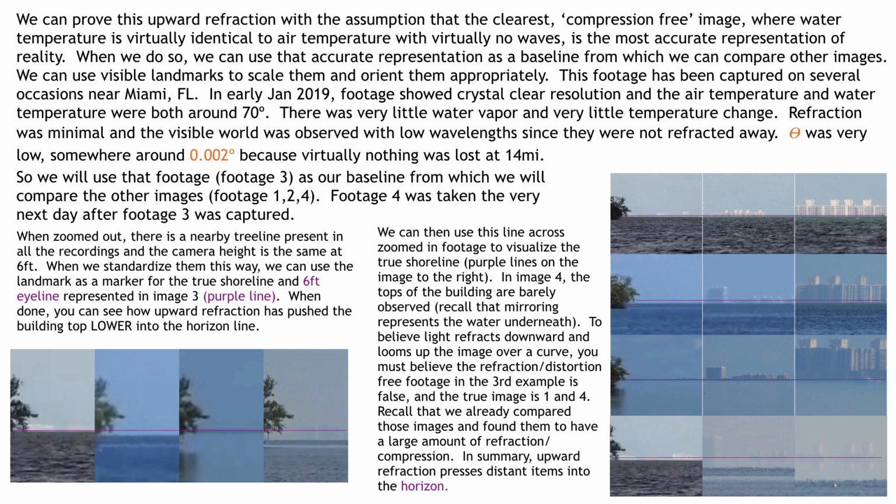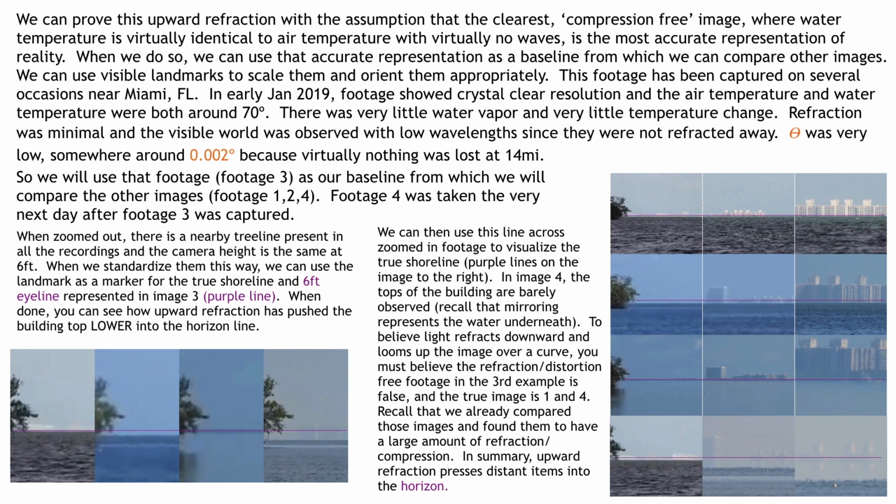In early January 2019, footage showed crystal clear resolution, and the air temperature and water temperature were both around 70 degrees on that day. There was very little water vapor and very little temperature change. Refraction was minimal, and the visible world was observed with lower wavelengths since they were not refracted away.